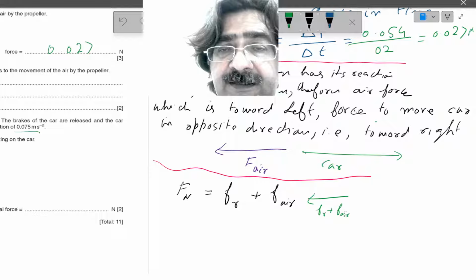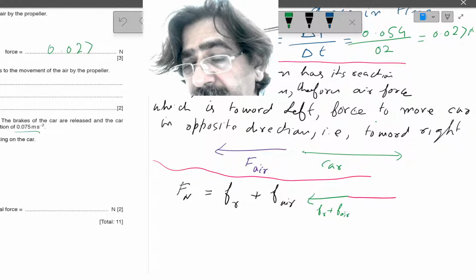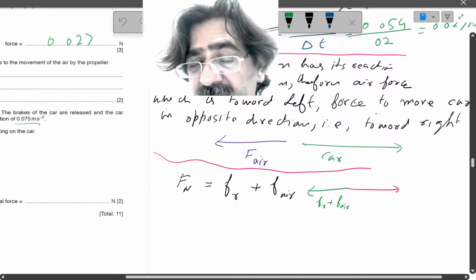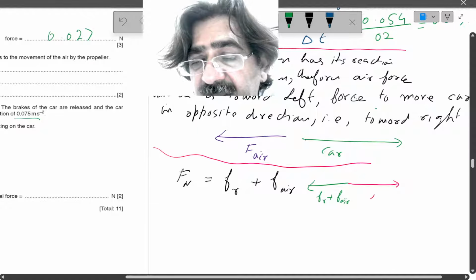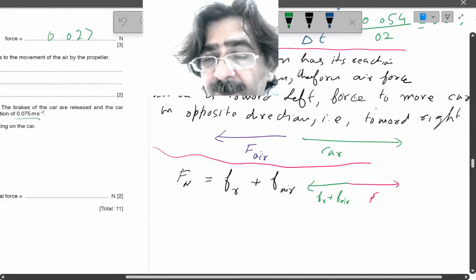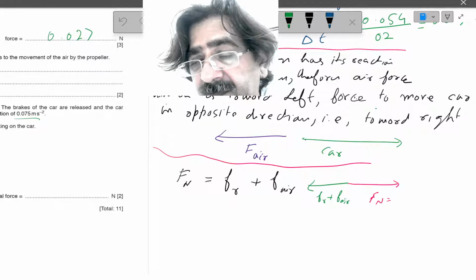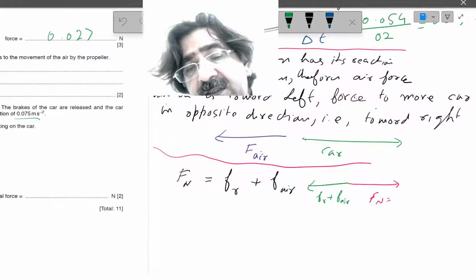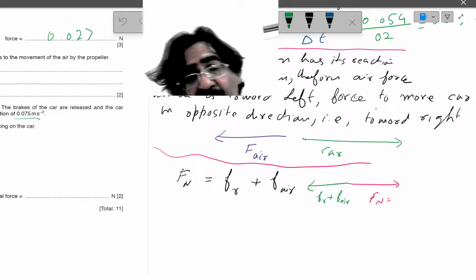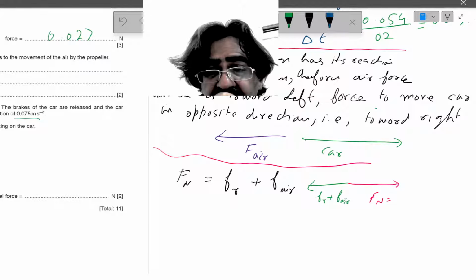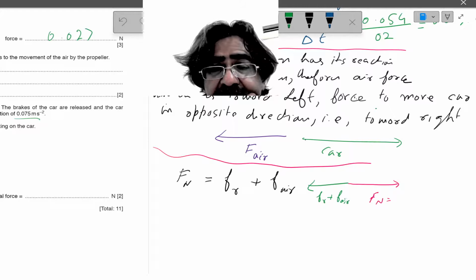I think red will be good. And the force the car will move, F_n will be toward this.